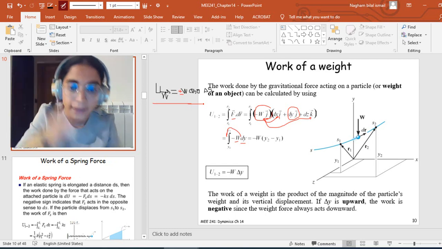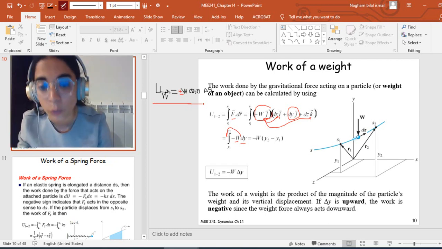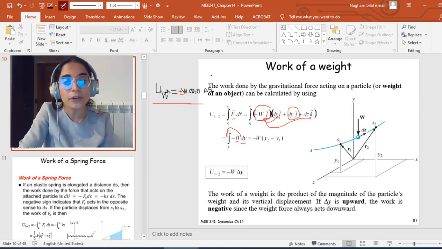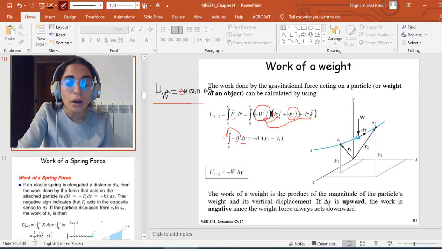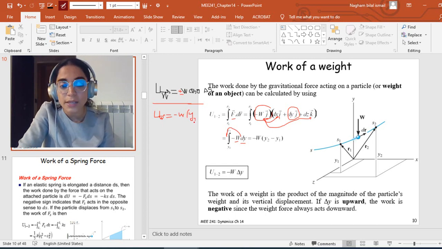It is always minus W (y2 minus y1). Alright? So either, guys, you use this equation where you have to think about the sign, or you can use this equation, the work of the weight in Cartesian form, which is equal to minus W (y2 minus y1). And you're going to have the same answer.